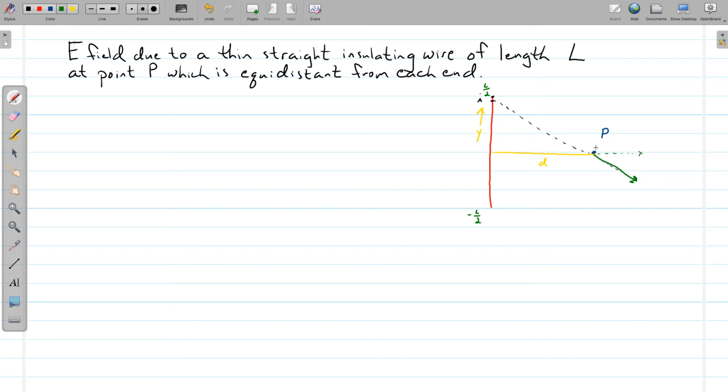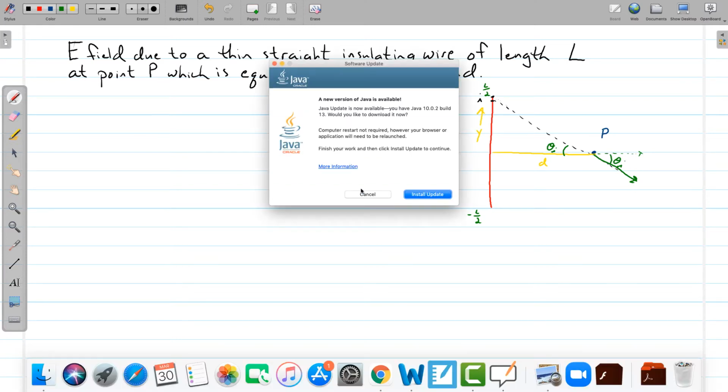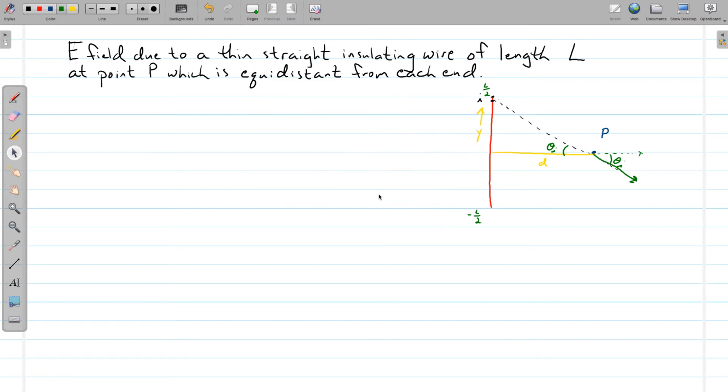If I call this angle theta sub I, because as we sum these up this angle will in fact change, this is the angle only for piece I. So this angle over here is also theta I. We are really interested in the component right here, which is cosine.